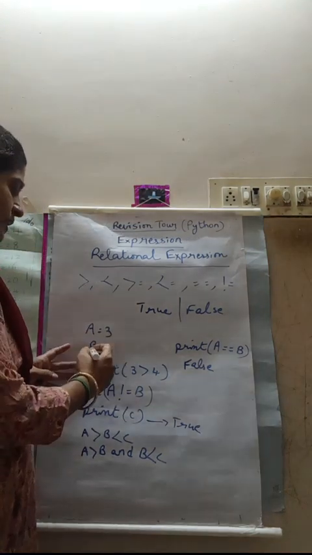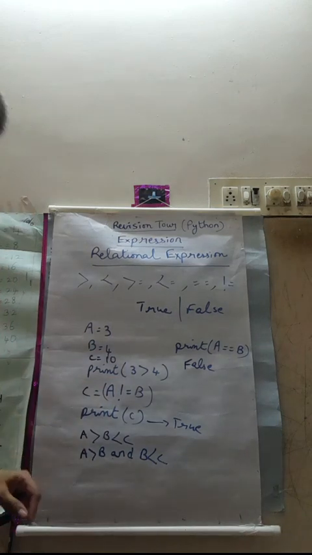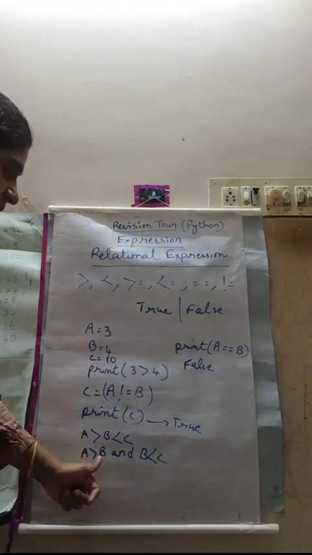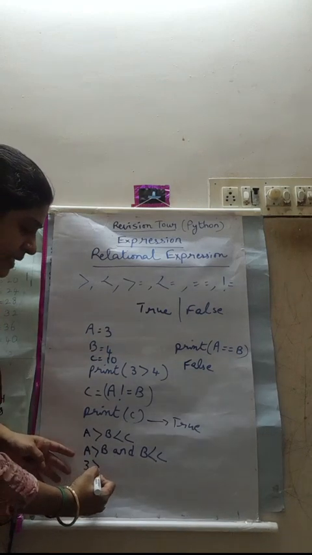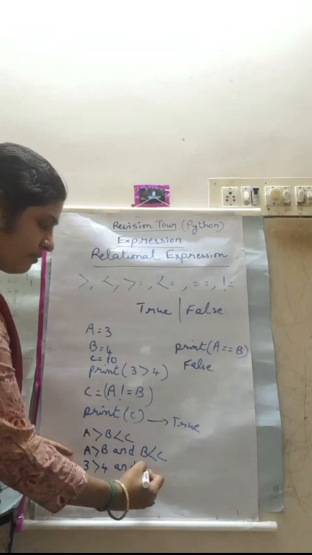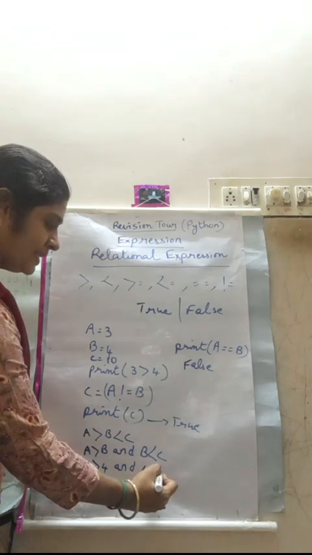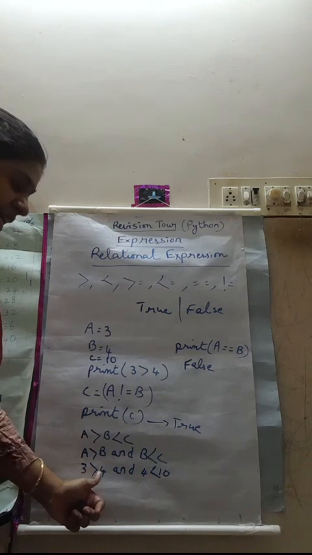Suppose I have C is equal to 10. Now how will this be evaluated? A is greater than B, 3 is greater than 4, and 4 is less than 10. So 3 is greater than 4?